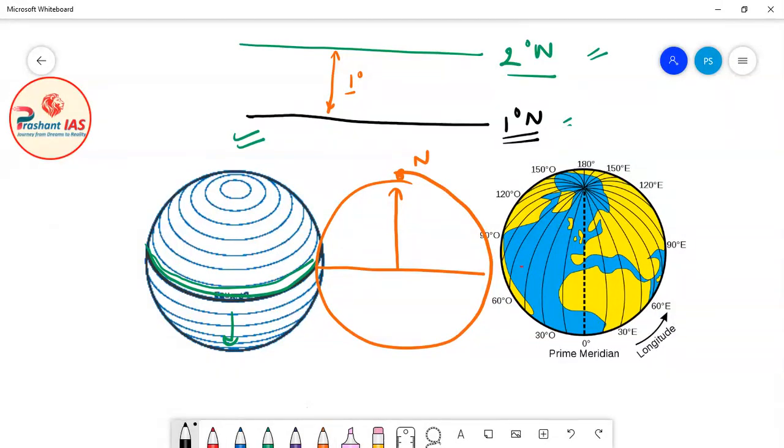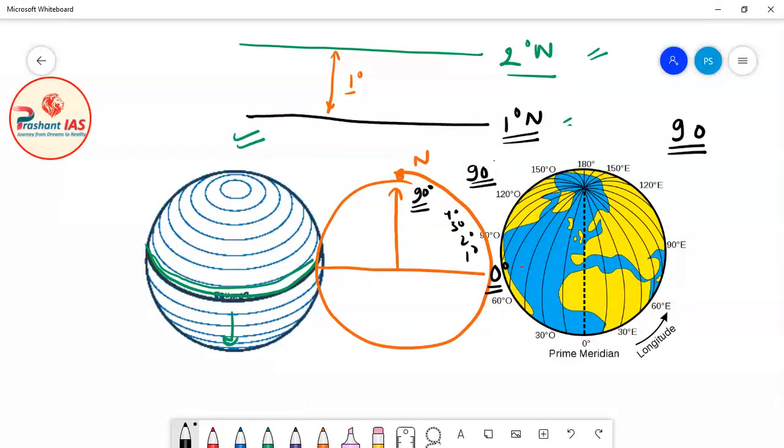So we cannot catch the location of all the points on the surface of Earth by taking into account only 90 parallels of latitude. Why? Because equator is 0 degree, and from equator we will start drawing latitudes from 1 degree, 2 degree, 3 degree, 4 degree, and so on, and then finally 90 degrees north pole. So we have only 90 parallels of latitude.